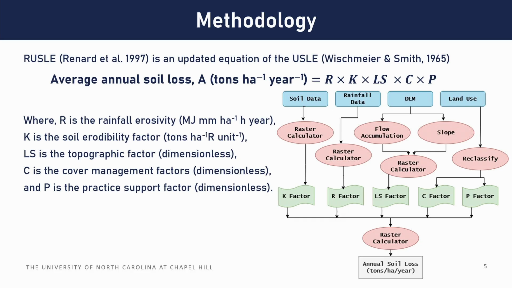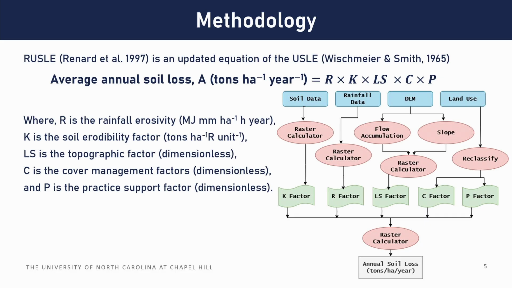Whereas the empirical models such as revised universal soil loss equation are relatively simpler and can estimate soil erosion over a large area. The revised universal soil loss equation is a modified form of universal soil loss equation where the factors have been modified for better accuracy.